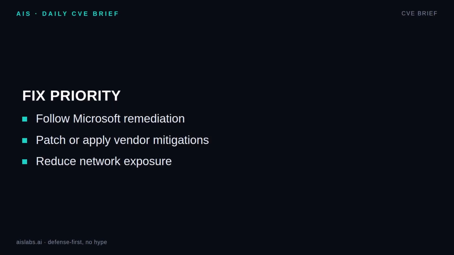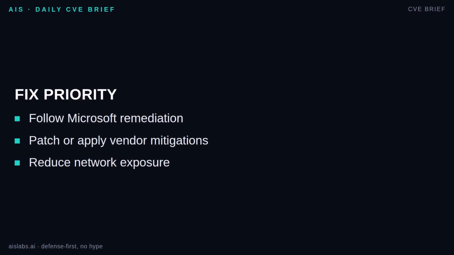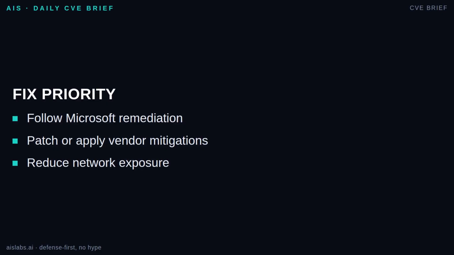Your first action is to follow Microsoft's official remediation guidance for this CVE and apply the appropriate updates or mitigations as directed. Because the issue is KEV listed, treat this as a priority change window, not a routine backlog item. While remediation is being scheduled, reduce exposure wherever possible. Limit SharePoint access to trusted networks and required user populations.